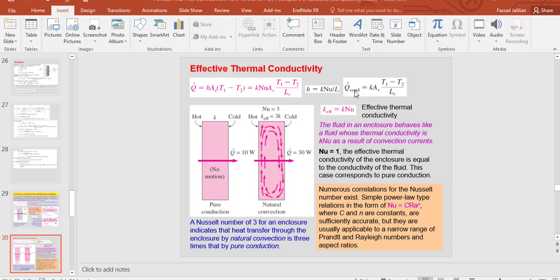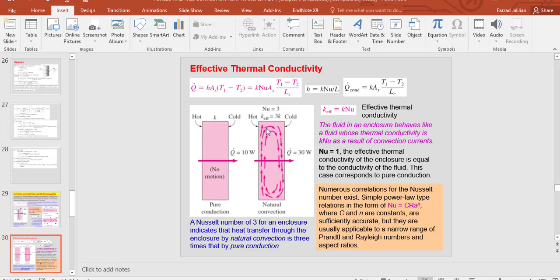You remember this equation, Fourier's law. To calculate the conduction, we have two surfaces with different temperatures, hot and cold, and a medium between them, which is the fluid, but it is not in motion. Then we can calculate the conduction heat transfer for that fluid. We know the temperature and the characteristic length. And K is the thermal conductivity of the fluid.